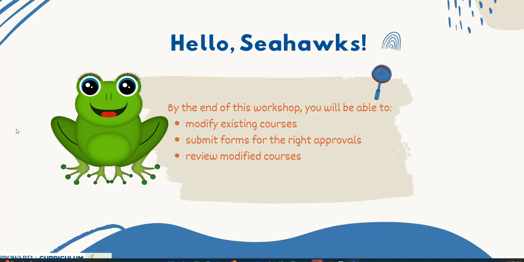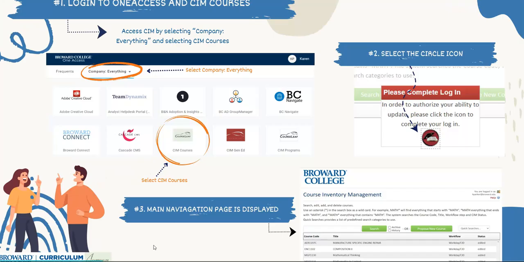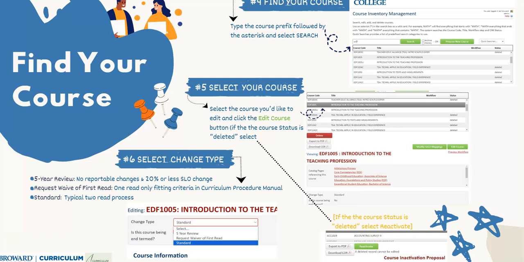After viewing this, now you should be able to modify your existing courses, submit those forms for the right approvals. The screens that we showed you are considered forms, and we also showed you how to review modified courses. We also have this information in a training aid for you to be able to review, where it shows you exactly what we just discussed, but with images.